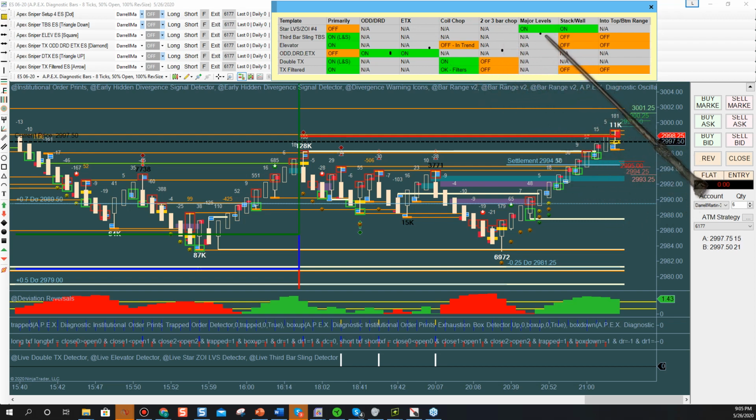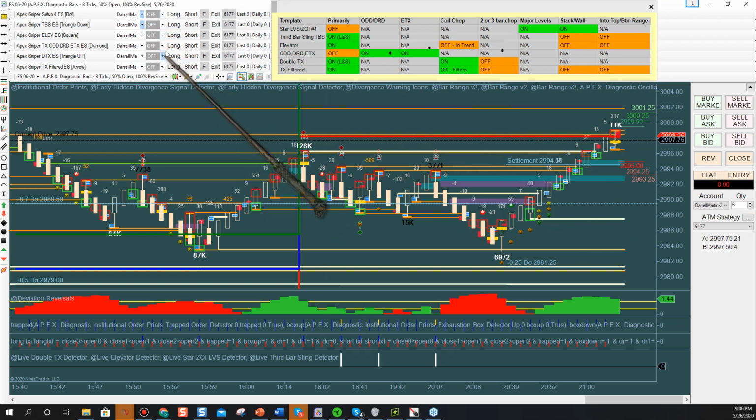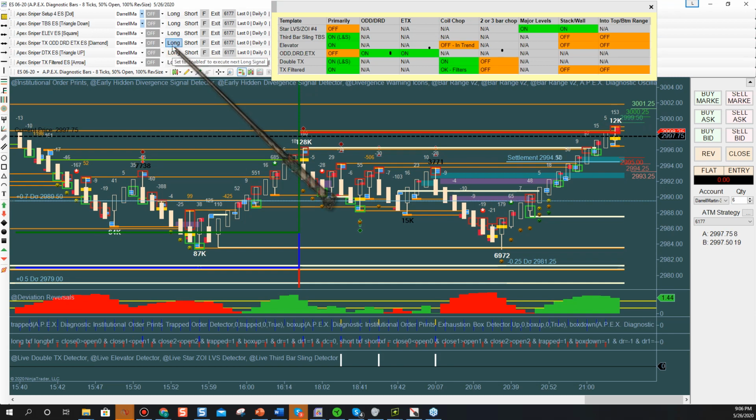If you're at major levels and bouncing off of those, or stack or wall, then you turn on the star low volume score number 4. If you're going into them, then you turn other trades off. Okay? So it just gives you a quick summary of how to manage your longs and shorts over here whenever you're placing trades.